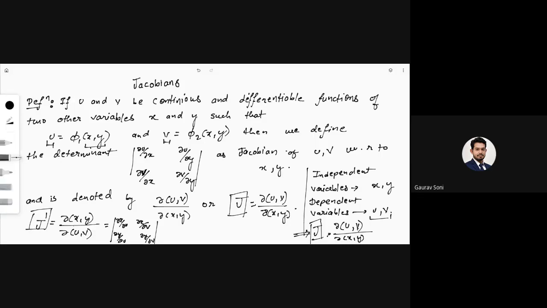I mean, in this case, you are taking the derivative with respect to u and v, which are actually the dependent variables. Okay, but one thing you can quickly identify. What is the one thing? That J dash is actually the reciprocal of J. Okay, so this you can keep in mind.